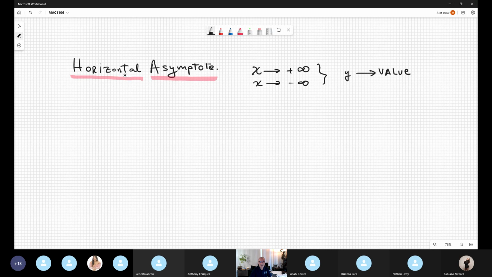End behavior is because x is a huge positive number or a huge negative number, and the y value, I don't know what happens. I want to explain that now. So this is the idea behind the horizontal. We have different scenarios. Suppose these 3 cases. Actually, we have more, but I put the most representative cases you can find.